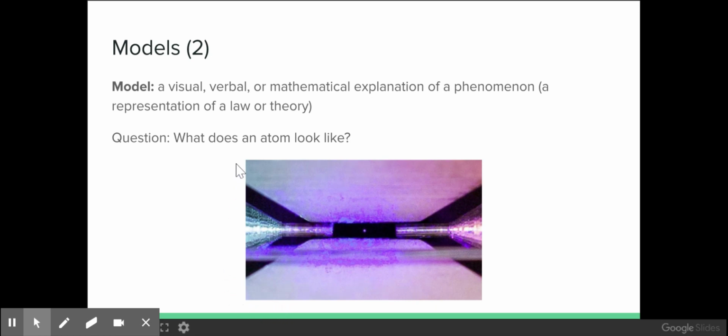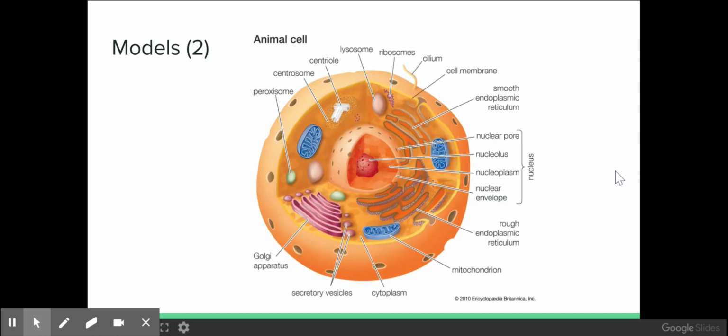This picture is one of the first photos of an individual atom suspended in midair. This is actually a strontium atom suspended in a magnetic field. The question is, well, what does it look like? Sometimes we're going to draw pictures that are simpler to represent something that is very complicated. It's made up of protons, neutrons, and electrons, and everything else that we know that atoms are made up of.